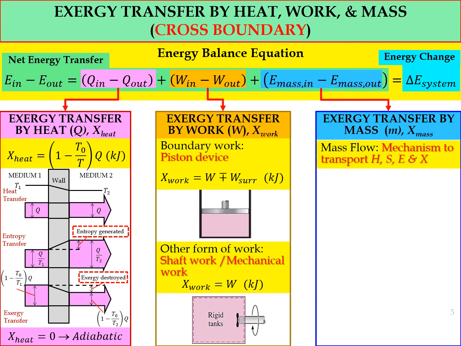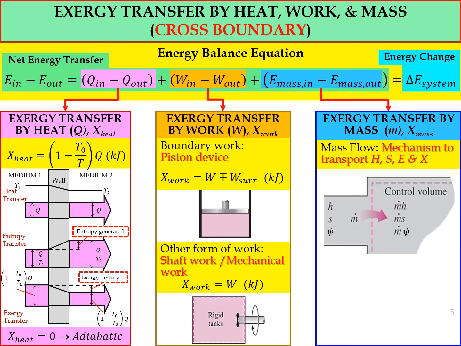So for mass flow, the mechanisms to transport are enthalpy, entropy, energy, and also exergy. So here is a figure of the control volume or open system. As you can see, we have m dot, h, s, and psi, which are the mechanisms to transport energy, not heat.